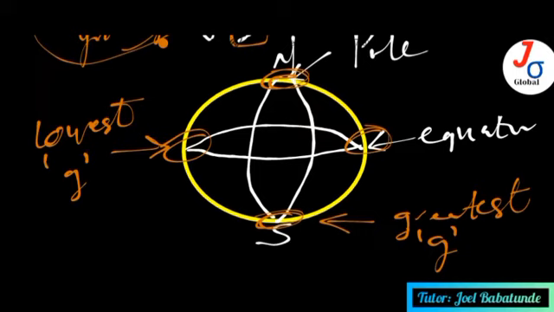So at the pole, either north or south, you have the greatest G, and at the equator, you have the lowest G.